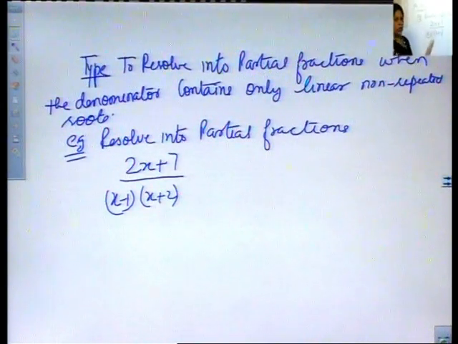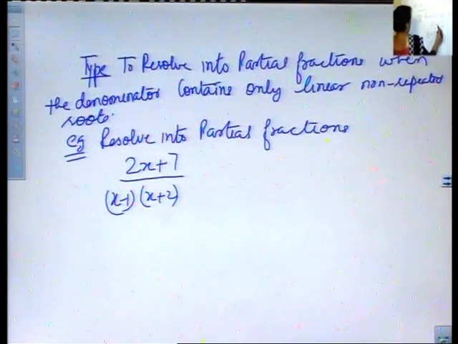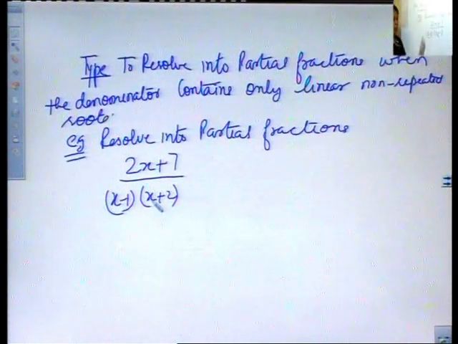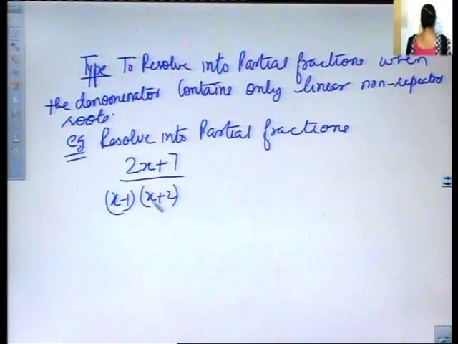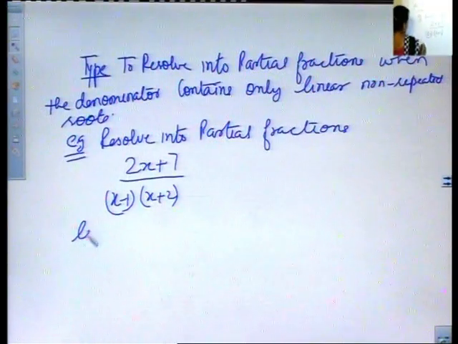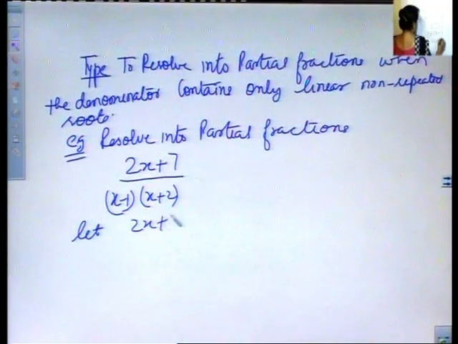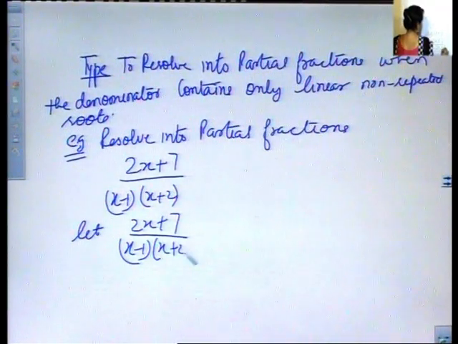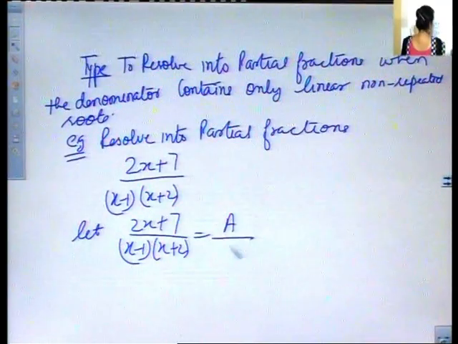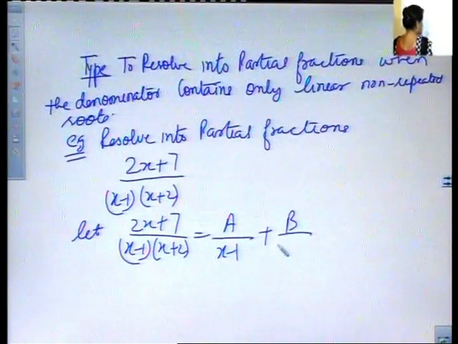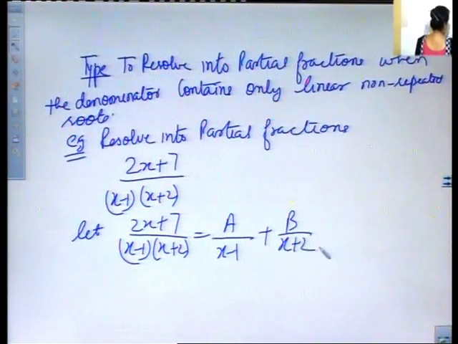First of all, we will check whether this expression is proper or improper. Now clearly the degree of the numerator is 1 and the degree of the denominator is 2, therefore it is a proper fraction. Now let (2x plus 7) upon (x minus 1)(x plus 2) be equal to a upon x minus 1 plus b upon x plus 2.